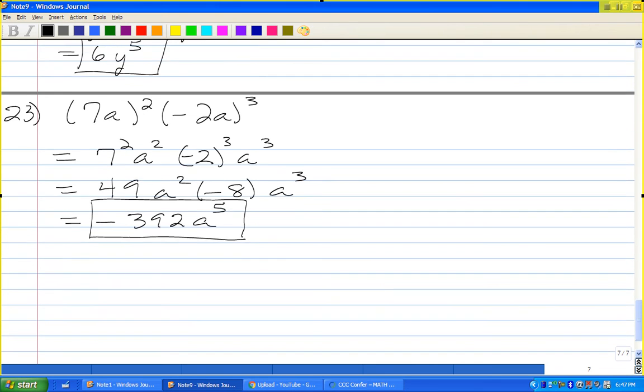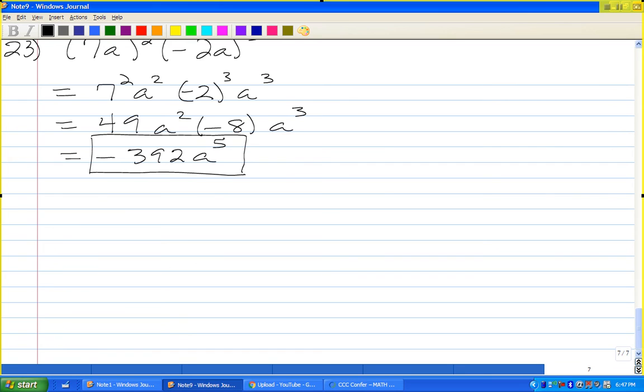Let me do problem number 25. p times p to the 4 times p to the 6 times p to the 5 is equal to, I have the same base, p, and I'm multiplying, so I add exponents. 1 plus 4 plus 6 plus 5, 16.